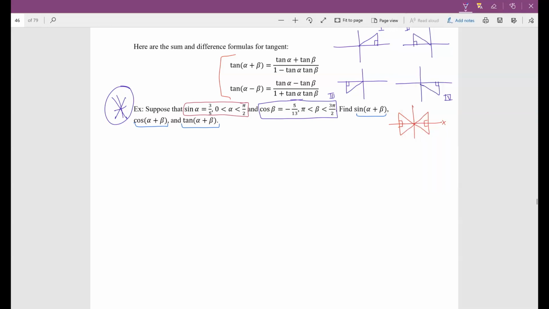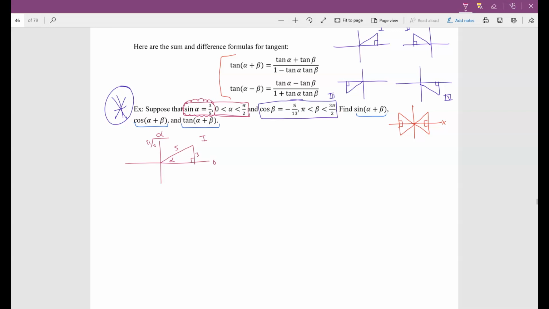So let's see where alpha is at. So alpha, if you notice, is between 0 and pi over 2. That tells me that it's in quadrant 1. Okay, so if I were to draw the triangle for alpha, it's in quadrant 1 because it's between 0 to pi over 2. So our triangle is going to look something like this. And here's alpha. Now we are given that the sine of alpha is 3/5. Okay, so it's going to be 3 on the opposite and then 5 on the hypotenuse.